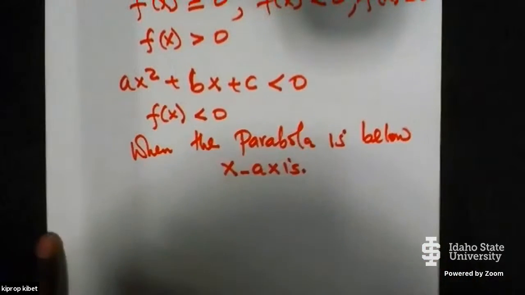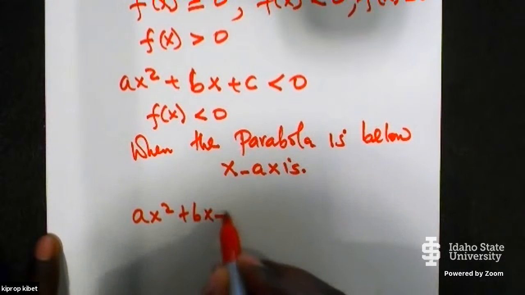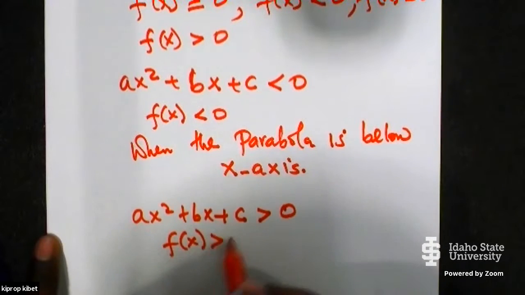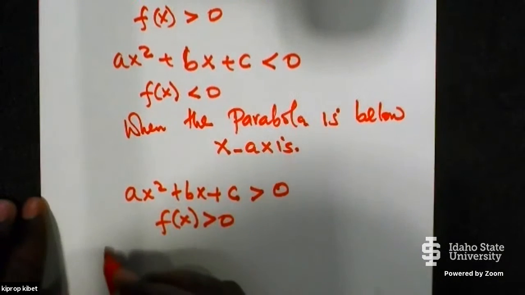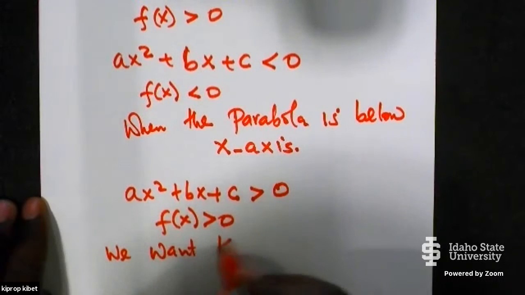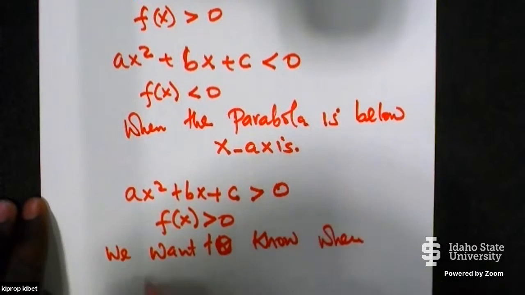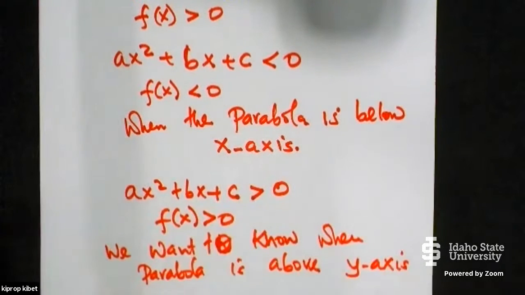Now, if f of x, or ax squared plus bx plus c, is greater than 0, then we want to know when the parabola is above the x-axis.